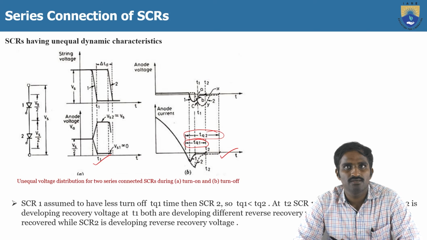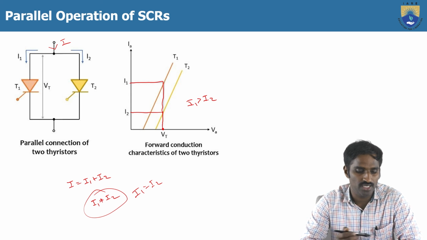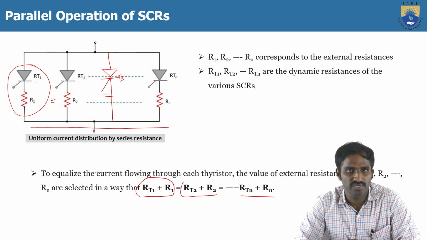Similarly, in the parallel connection, again the same problem is happening, that is unequal current or non-uniform current distribution by each thyristor.